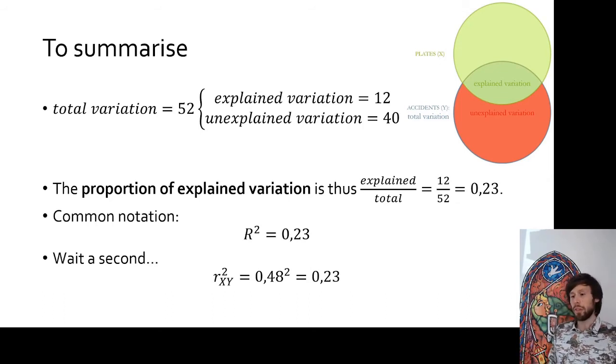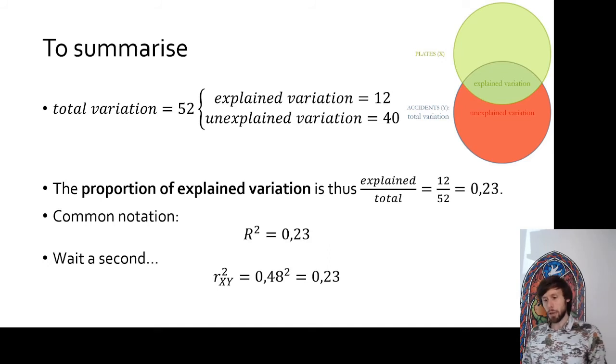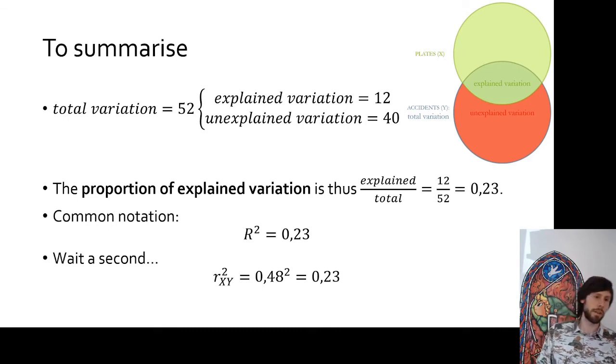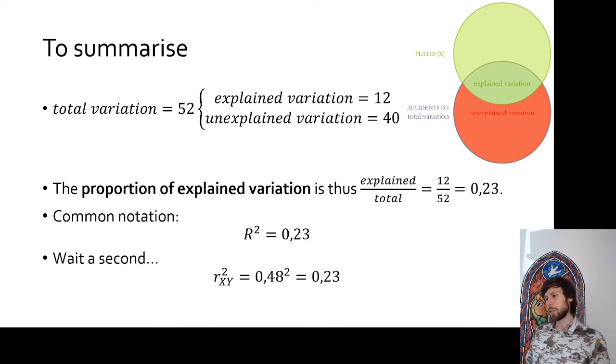In a way, we are still expressing with R squared how strongly the plates variable is associated with the accidents variable. So one mathematical expression of this relationship, quite surprisingly, and then maybe again not so much, these two measures turn out to convert really well from one to the other.